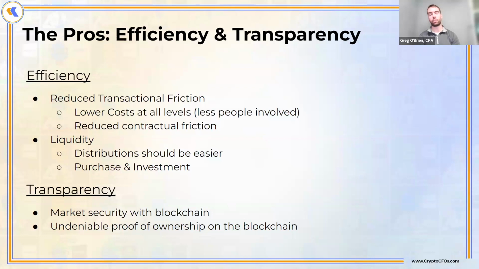Someone can literally steal their title. There are sophisticated ways people are doing this, and it's very, very difficult at that point to prove your ownership when the title gets stolen. So it's a real risk. It sounds like how could that ever happen? But it does happen a lot in the real estate world, especially with small investors, small single family properties. So the undeniable proof of ownership here would make that a lot easier.